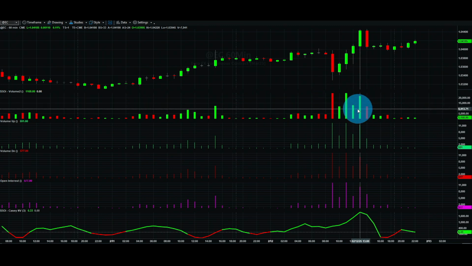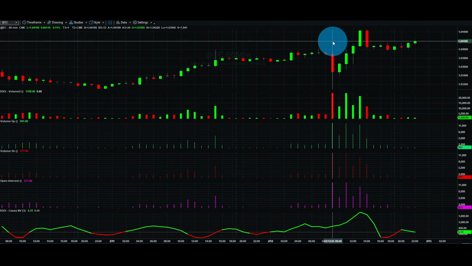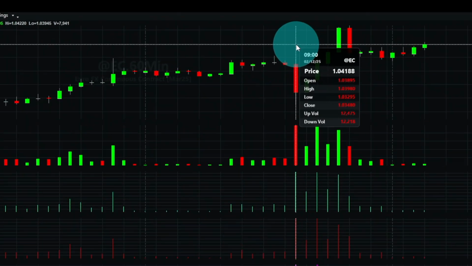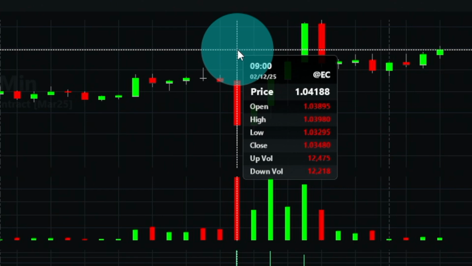But like I told you, this does not represent the reality. If I click here, this is a red candlestick and you can see that the up volume is 12,475. The down volume is 12,218.